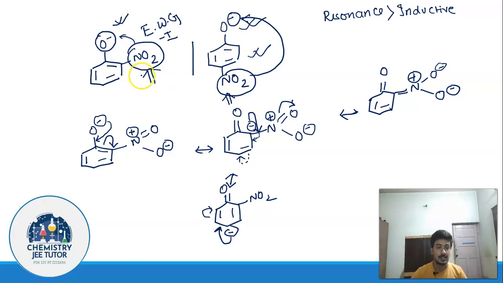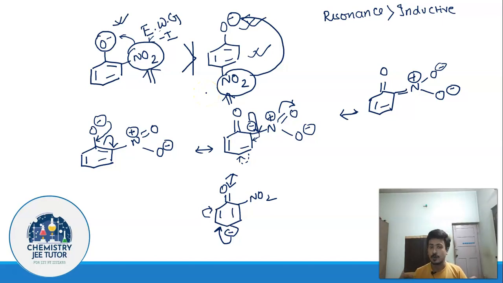Because of this electron withdrawing effect of the nitro group which is closer to the minus charge, this is going to be more stable as compared to this, though resonance tells us that both of them have the same number of resonating structures. Resonance cannot tell in this specific case which one is more stable, because we get the same kind of resonating structures in both cases. That's how inductive effect comes into play when we try to determine the stability of corresponding structures.